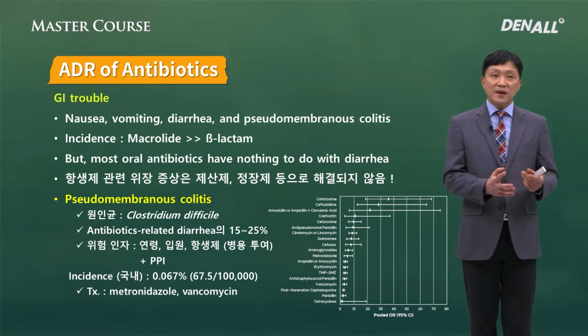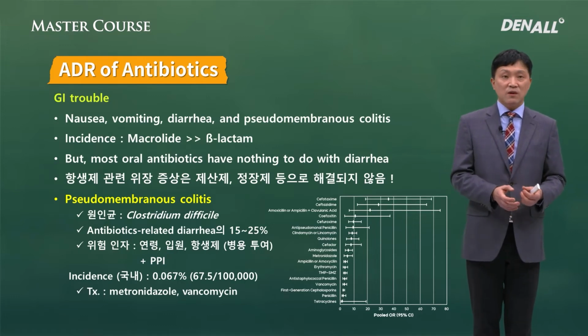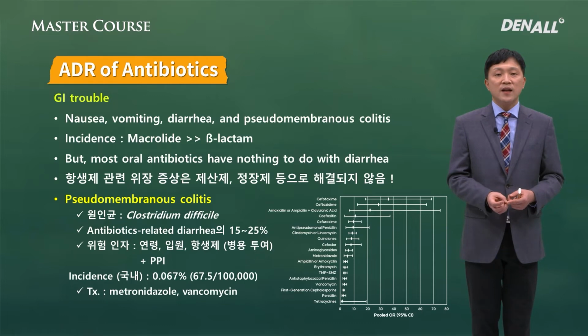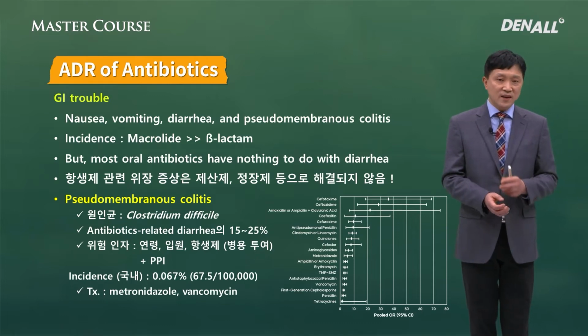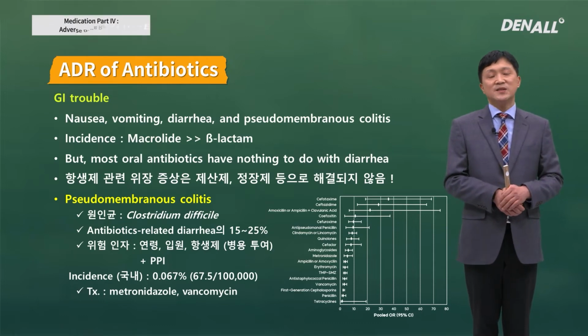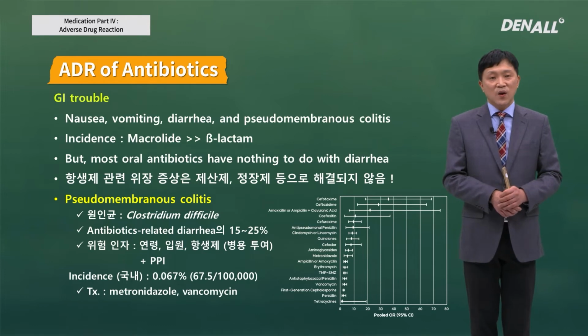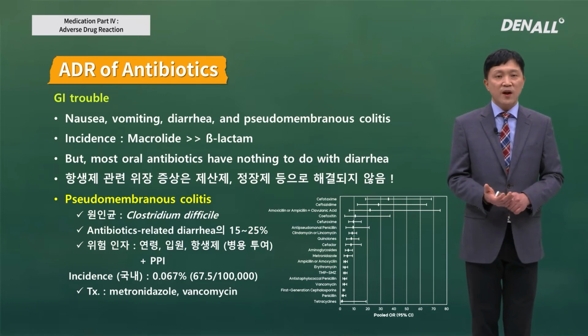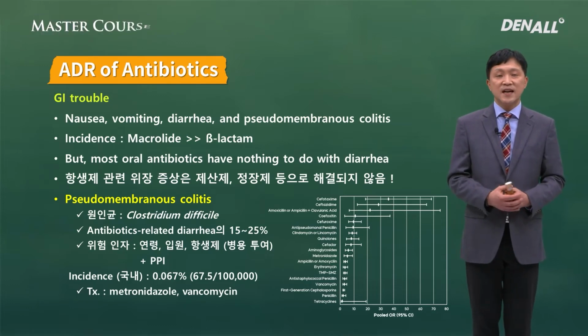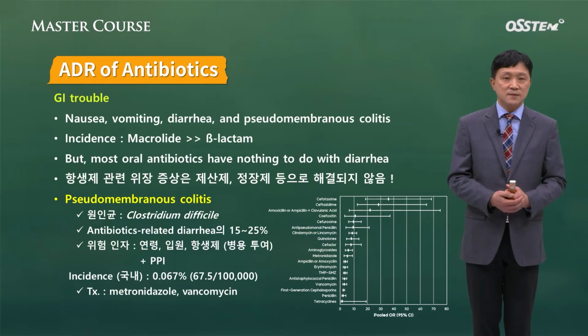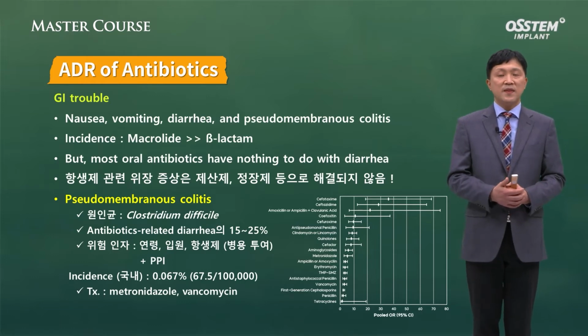However, most oral antibiotics have nothing to do with diarrhea, even though they say diarrhea happens after taking antibiotics. So what I want to say is antibiotics do not cause diarrhea. GI symptoms caused by antibiotics cannot be resolved with antacid or intestinal cleansers.